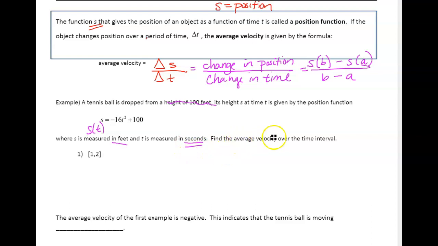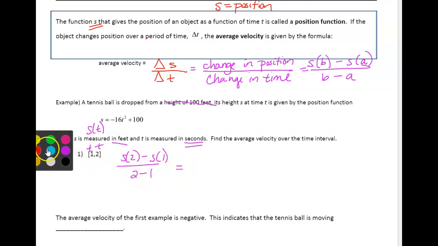So we want to find the average velocity over 1 to 2. So these are time values, like 1 second and 2 seconds, okay? So we've got S of 2, S of 1, all over 2 minus 1. So we're really just, it's a slope formula. We're going to plug in 2. So 2 squared is 4. 4 times 16 is negative 64.